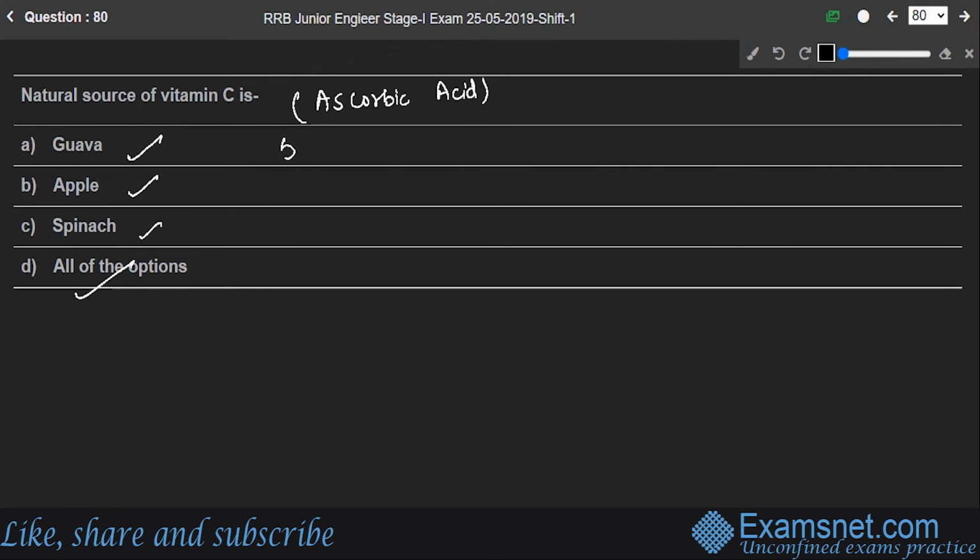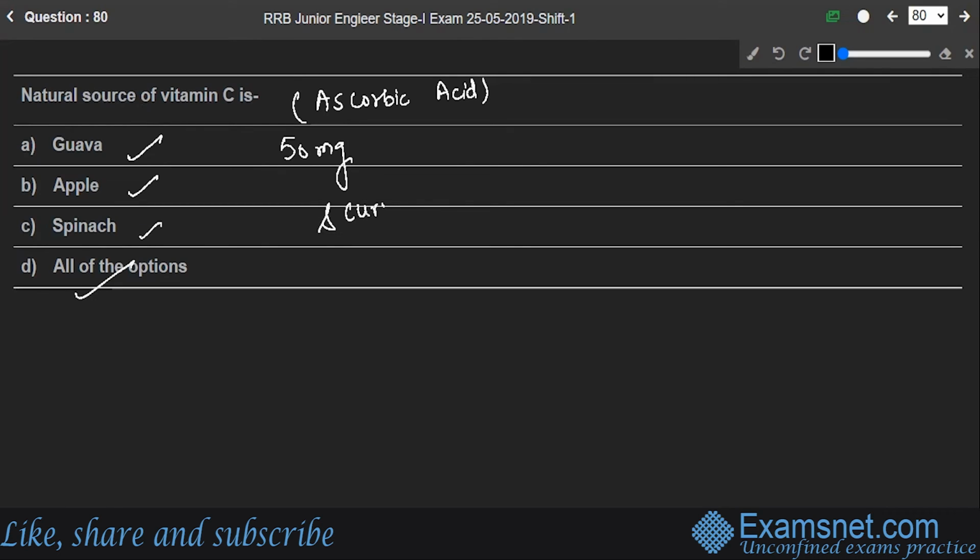The daily requirement for this is 50 mg. It helps in collagen formation, maintaining the integrity of the capillary walls, normal growth of the bones and teeth, takes part in cellular oxidation and reduction, and reduces the risk of cancer and heart disease by acting as a strong antioxidant. So what are the deficiency symptoms of it?